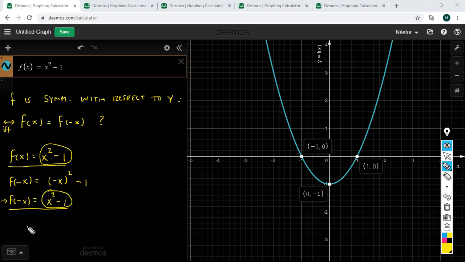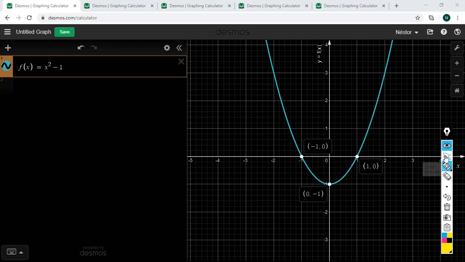So in fact we can write that f of x equals f of minus x. And therefore we say that the function is symmetrical with respect to the y-axis, because this test was confirmed. All right. Now, is it symmetrical with respect to the origin? No, that's quite clear.